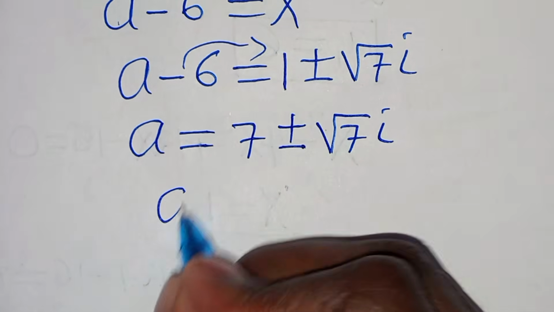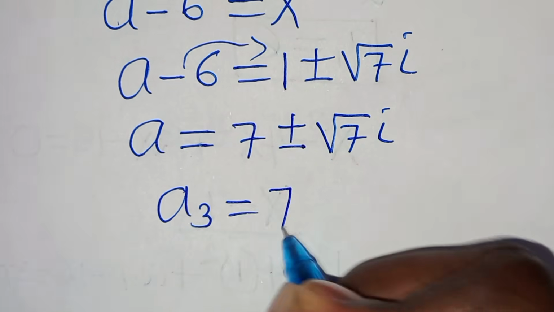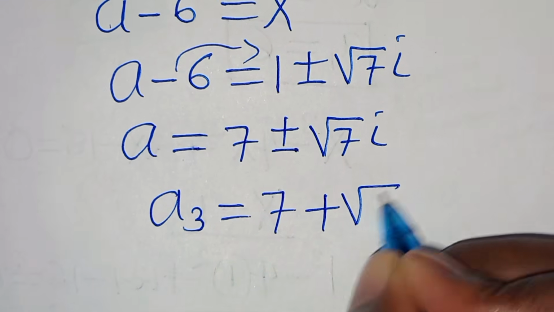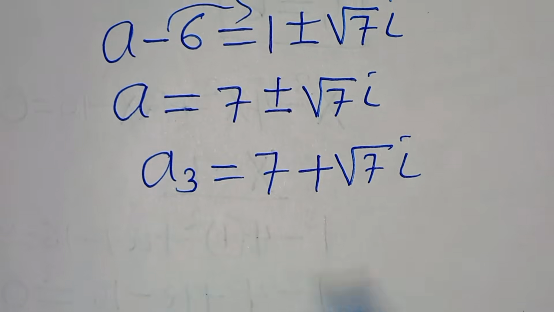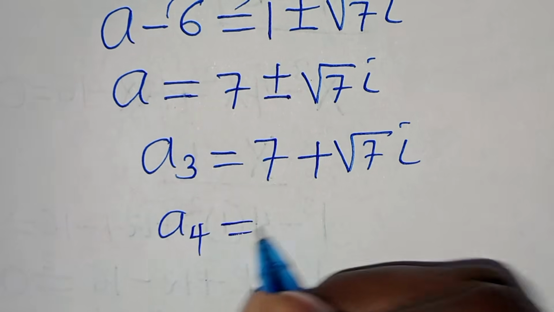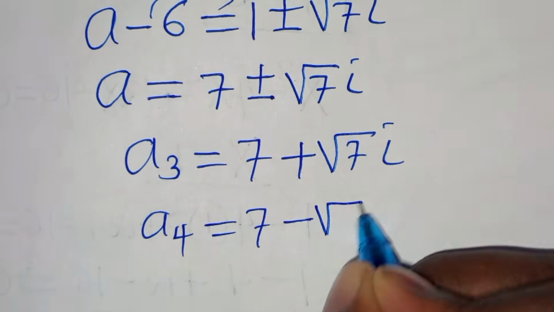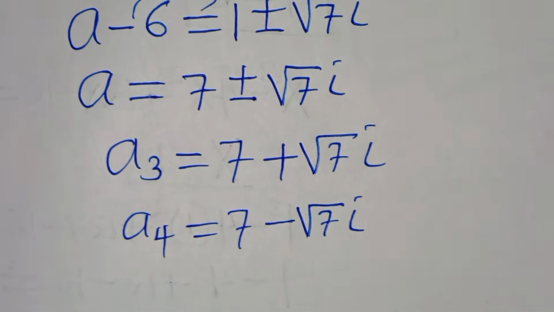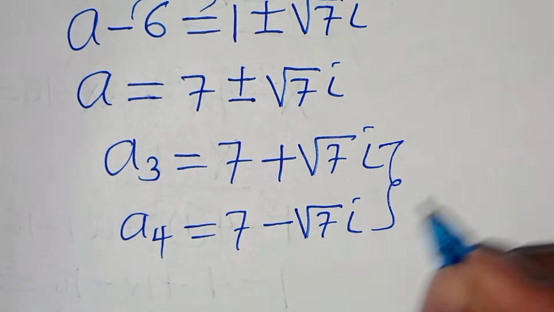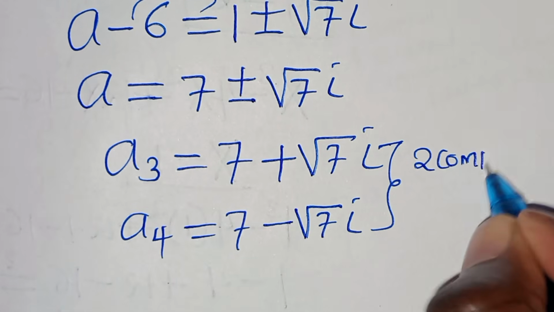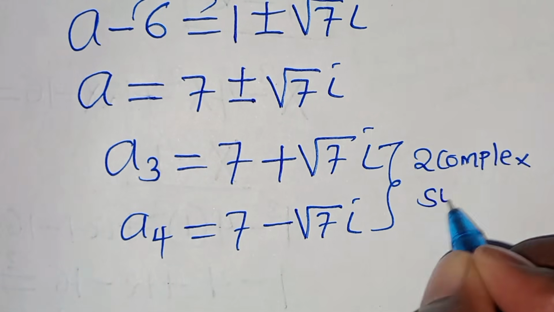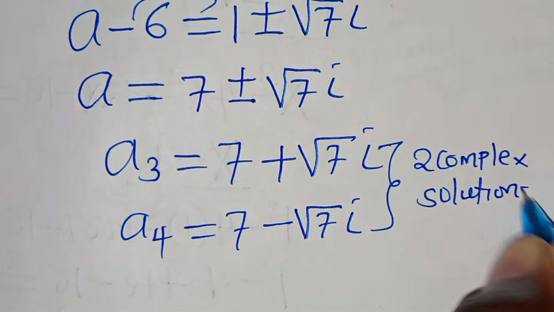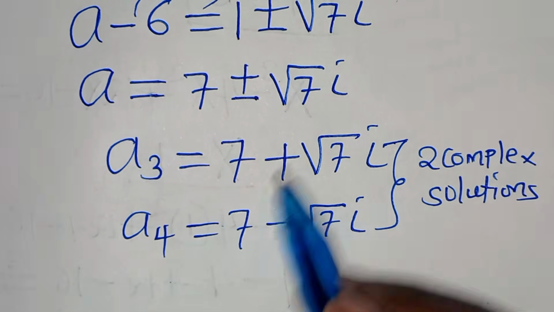So we have that A3 is equal to 7 plus square root of 7i, and A4 is equal to 7 minus square root of 7i. So you find that these are two complex solutions for this algebra problem.